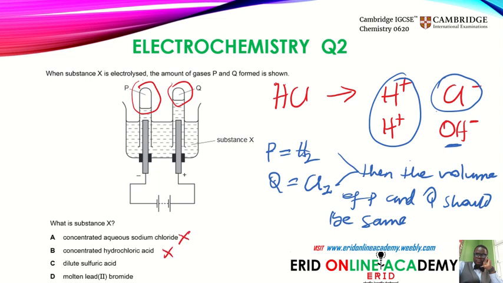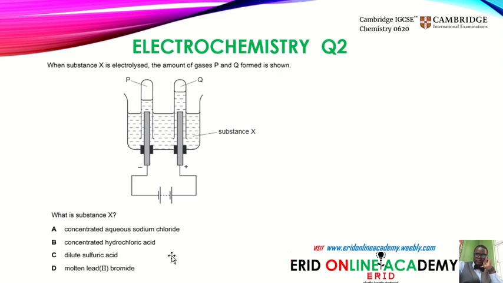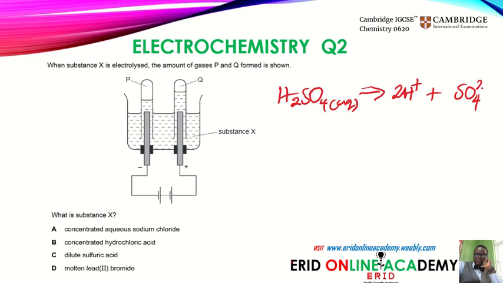So let's look at the electrolysis of the next one, which is dilute sulfuric acid. Dilute sulfuric acid. Now it's getting interesting. Dilute sulfuric acid, when it is electrolyzed, it breaks down into, don't forget, dilute, that means the solution is aqueous, two hydrogen ion and sulfate ion.